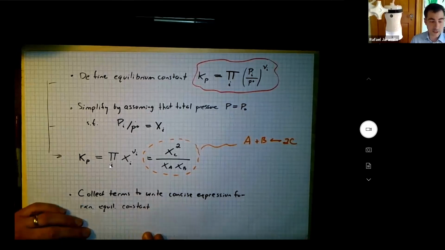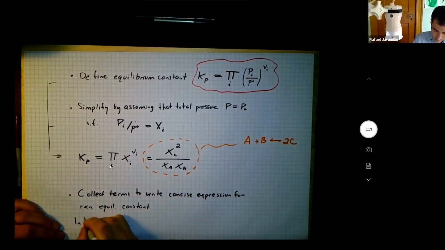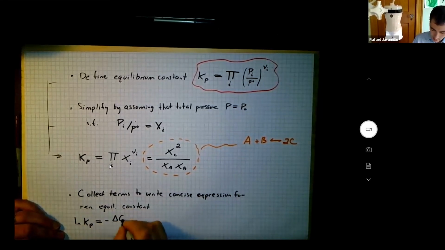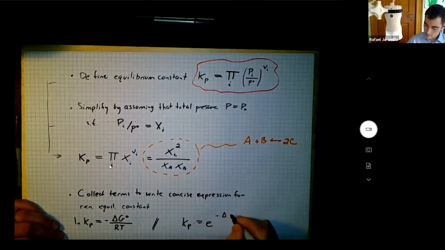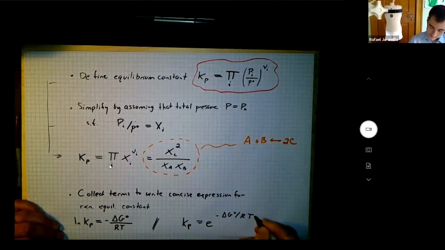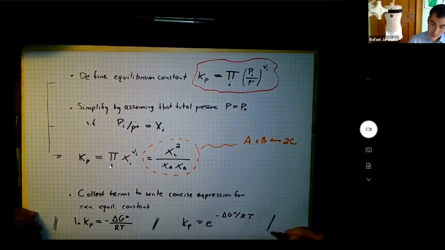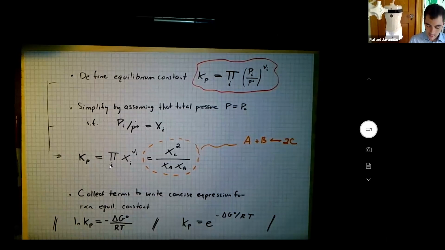And this is the sort of expression that you may have been given in a chemistry class, or you might find in Wikipedia: Kp equals e to the minus delta G naught over RT. Okay, so this is our final answer. This is what's going to be useful for you after this class, when you're analyzing reacting gas systems. But now you've seen it derived and you know where it comes from.